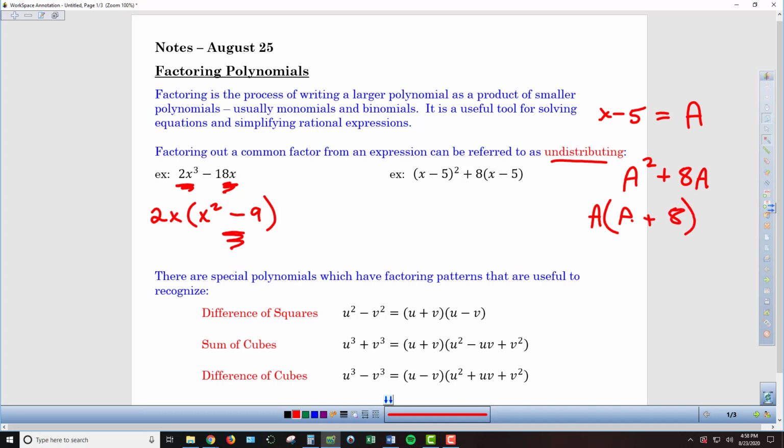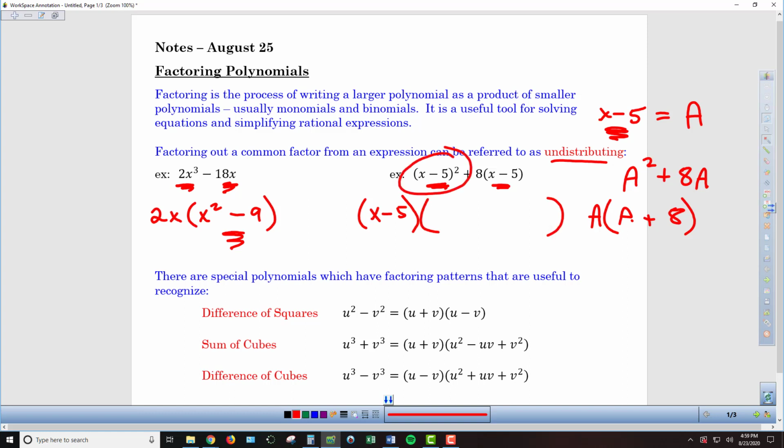Well, that's essentially the approach that we're going to take here, except instead of a, we can factor out an entire set of parentheses, this x minus 5. That's what's in common in the two parts of this problem. Both parts, separated by the addition sign, have an x minus 5. So I'm going to factor out an x minus 5 from this expression.